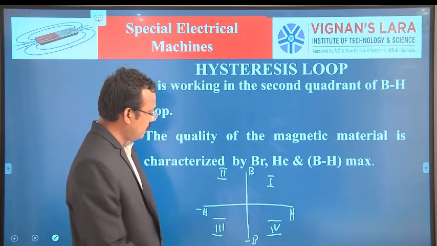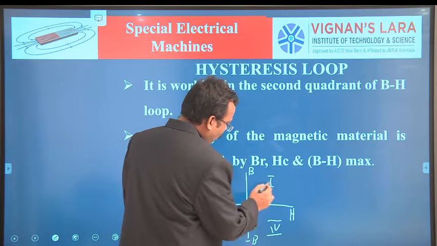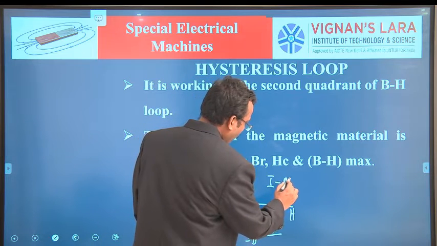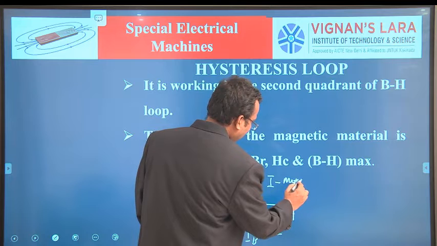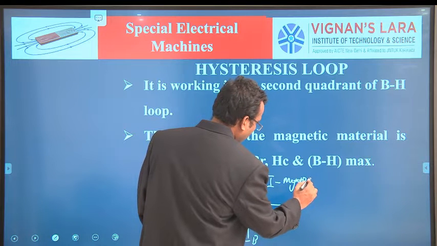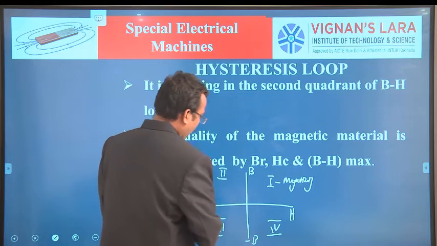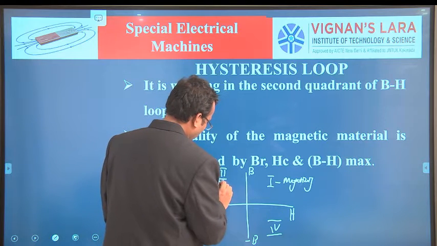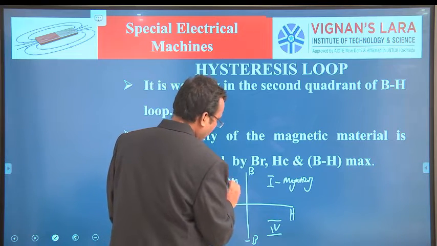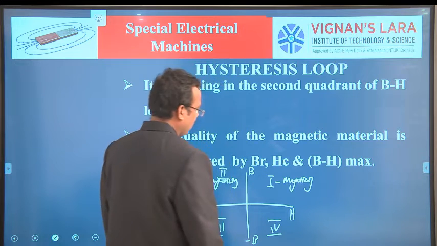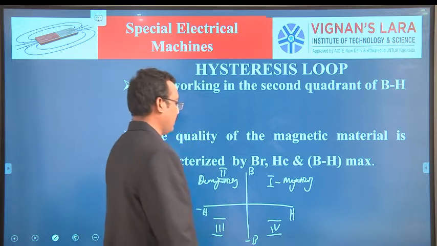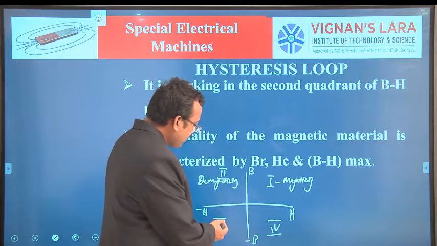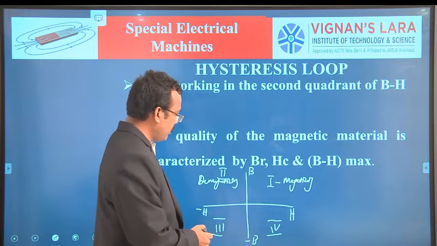The first quadrant is magnetizing. The second quadrant is demagnetizing. The third quadrant is magnetizing in the reverse direction.